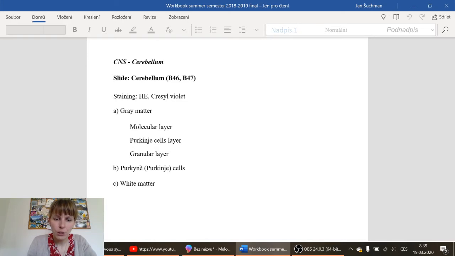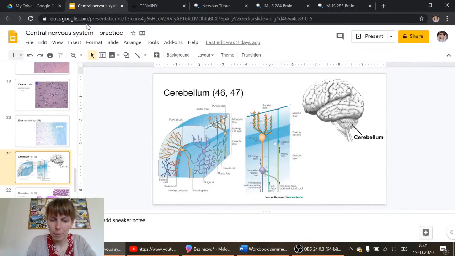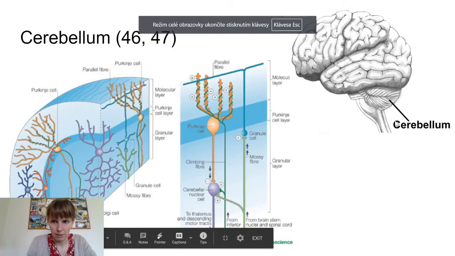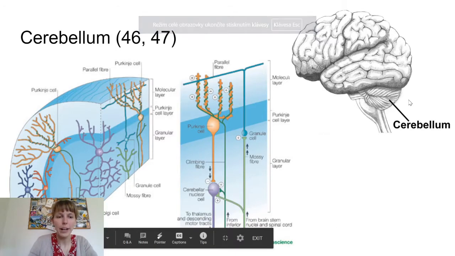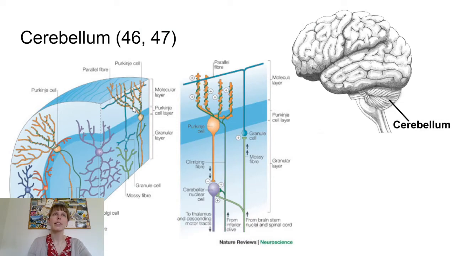Now let's continue with the cerebellum. The cerebellum is this part of the brain, and it is like an older part of the brain, so its cortex doesn't have so many layers, which is nice for us.